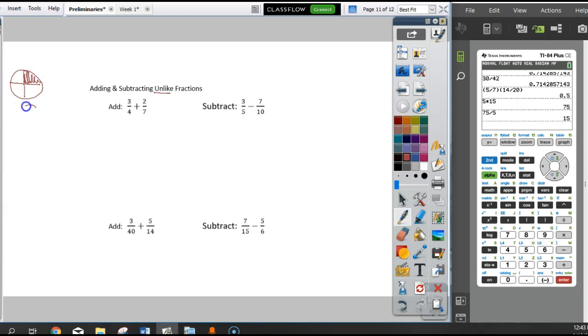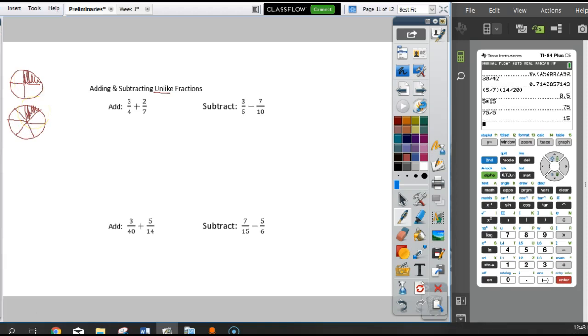And right here we're talking about 1/7 of a pizza. So 1, 2, 3, 4, 5. Nope, that's not even close. I'm going to try that one more time. 1, 2, 3, 4, 5, 6, 7. Much better. And so 1/7 is about that size.